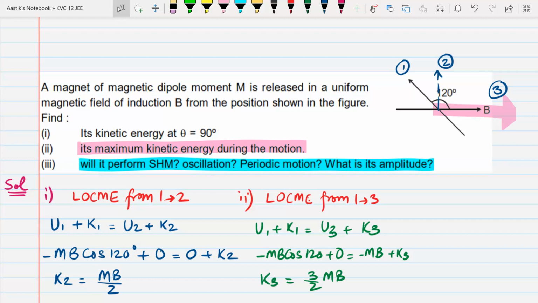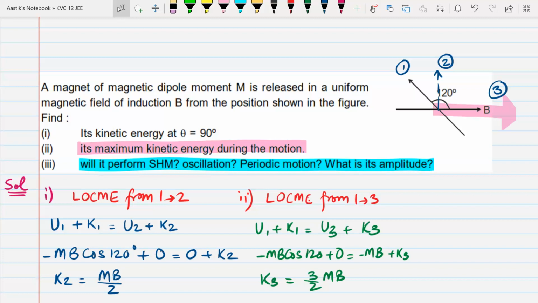Great. Then what makes it special? It is periodic, it is oscillatory. What makes it more special? The force acting on the particle is directly proportional to x. Yes or no? That makes it special. Or if I talk about angular SHM, the torque acting on it is directly proportional to theta.